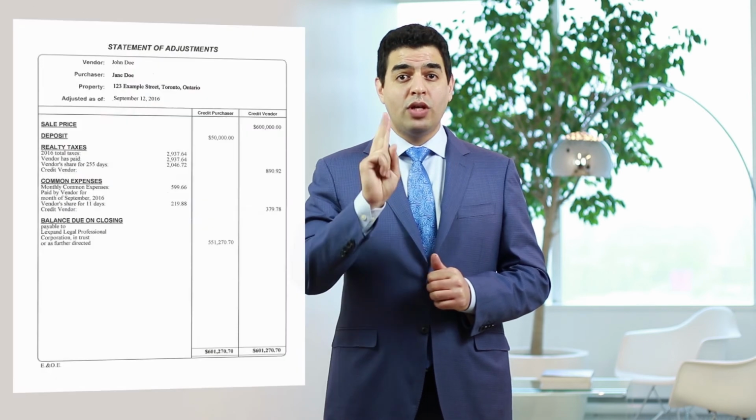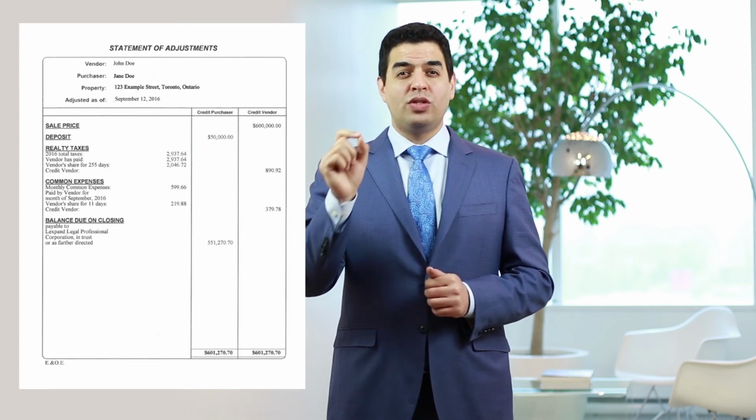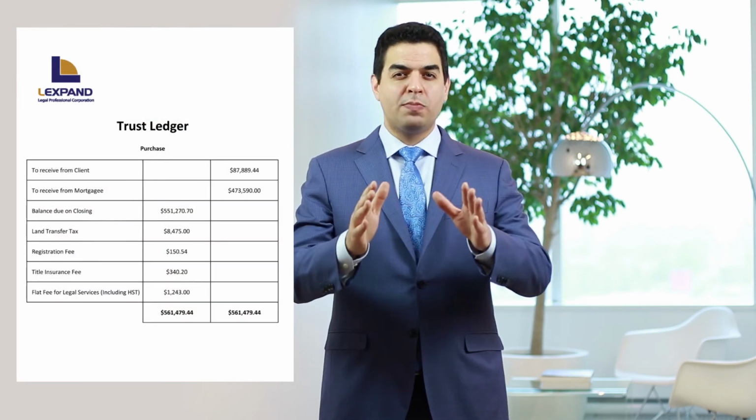We've talked about two documents: statement of adjustments, which you can think of as an invoice that the seller gives to the purchaser to tell the purchaser exactly how much they need to pay on closing, and trust ledger, which you can think about as a snapshot of your lawyer's bank account, which pertains to your transaction.